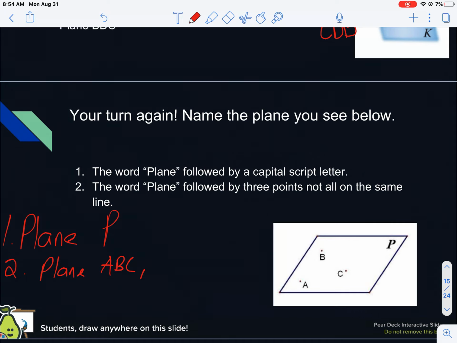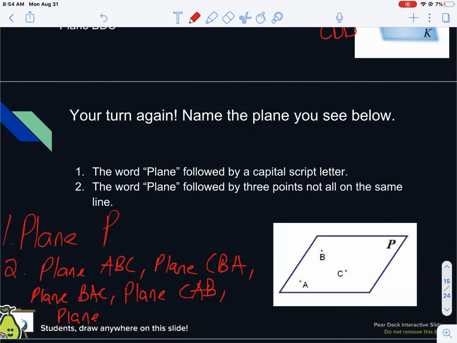Plane ABC, plane CBA, plane BAC, plane CAB, plane ACB, plane BCA.